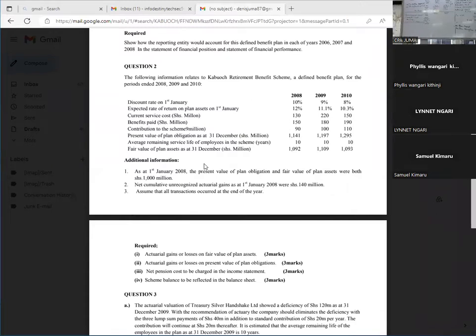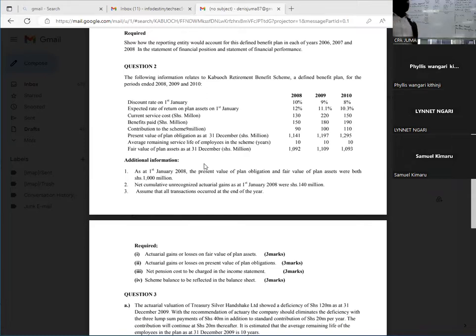Then I need to know unrecognized gains in 209. To get unrecognized gain in 209, you must reconcile 208. You put a balance carried down, and that yields 209.